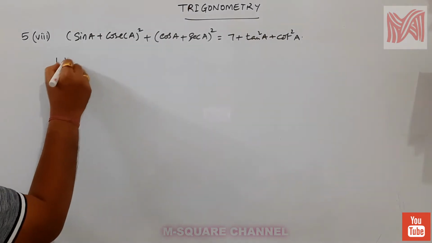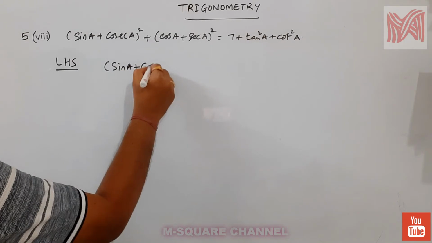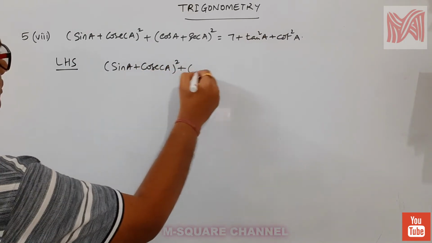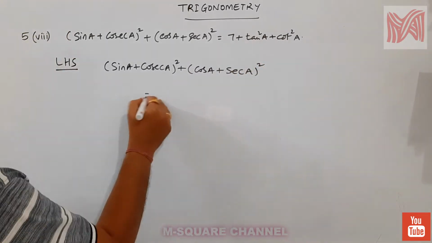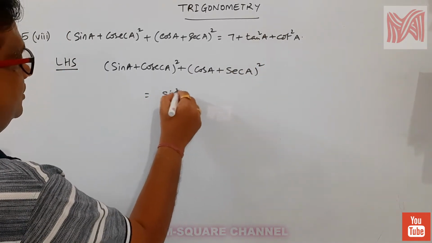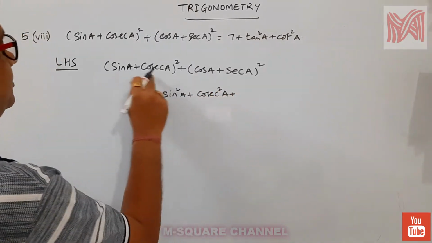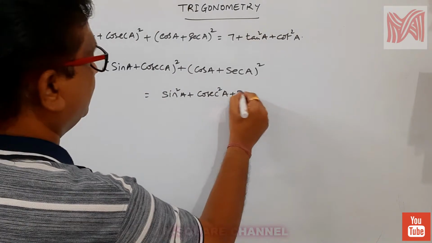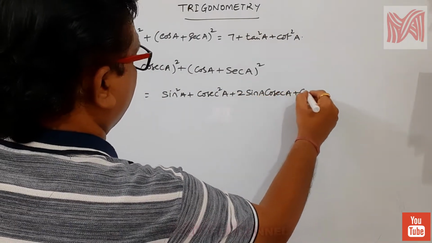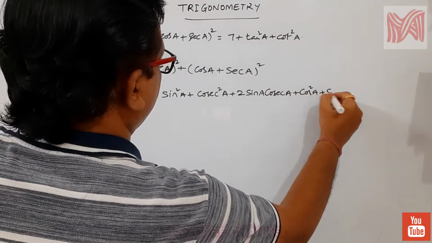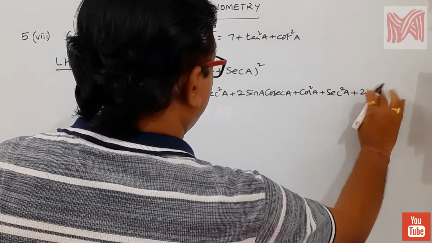That means first take LHS: (sin A plus cosecant A) whole square plus (cos A plus secant A) whole square, means sin square A plus cosecant square A plus 2ab, that is (a plus b) whole square is a square plus b square plus 2ab, plus cos square A plus secant square A plus 2 cos A secant A.